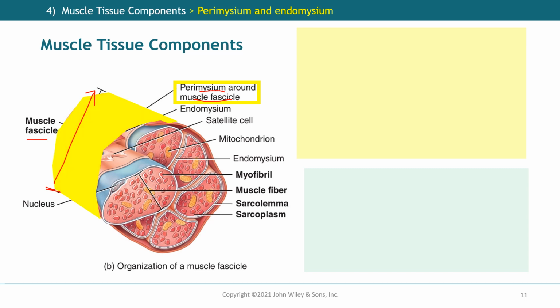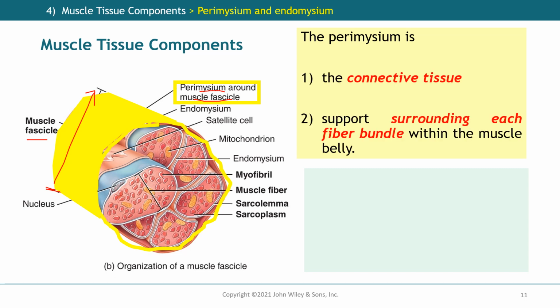In our drawing, the perimysium will be painted in yellow, and it will be around this area. So it's surrounding the entire fascicle. So remember, the perimysium is connective tissue that supports each fiber bundle within the muscle belly. Okay, so it's surrounding all the fascicle.